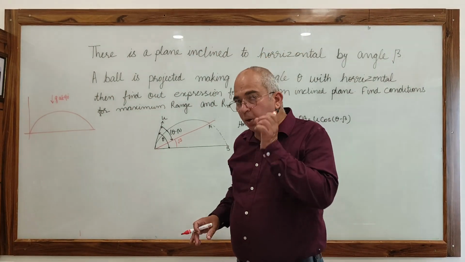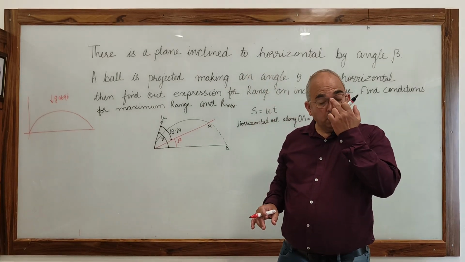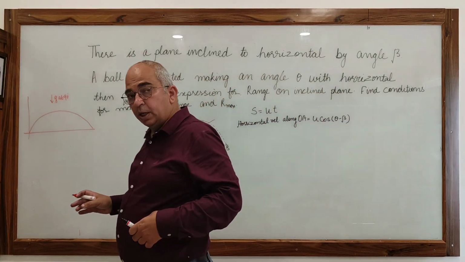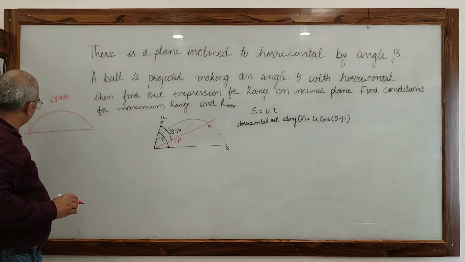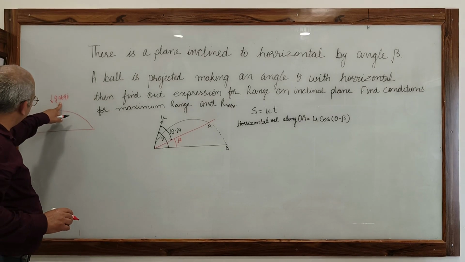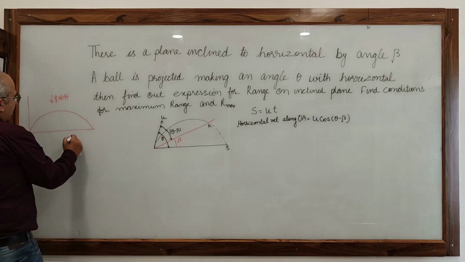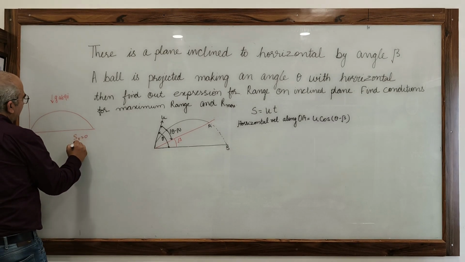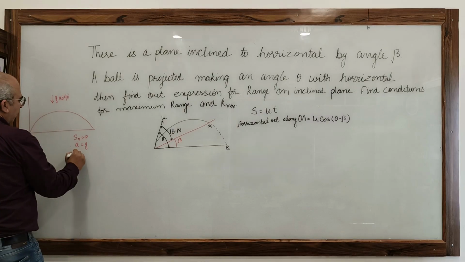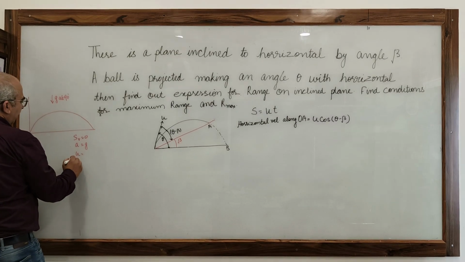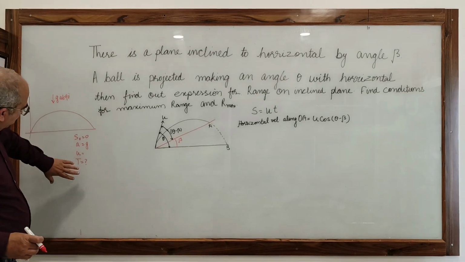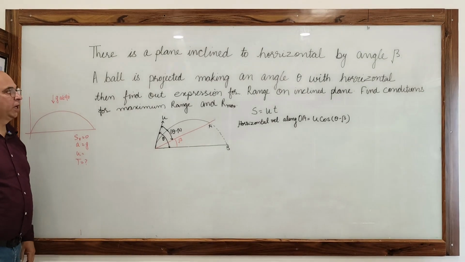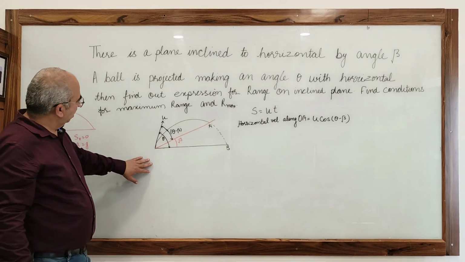Obviously we consider the vertical motion responsible for this flight. So g is at 90 degrees, vertical displacement is 0, a equals g, and we have another component u, and t we will find.